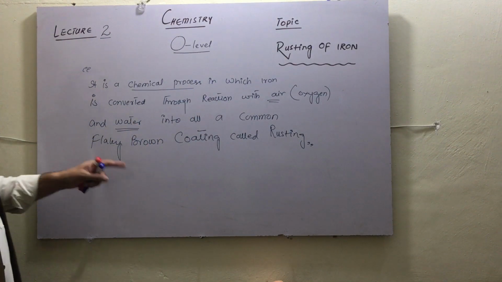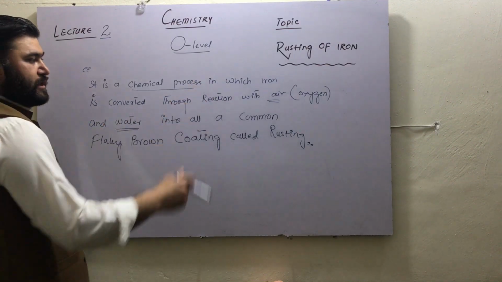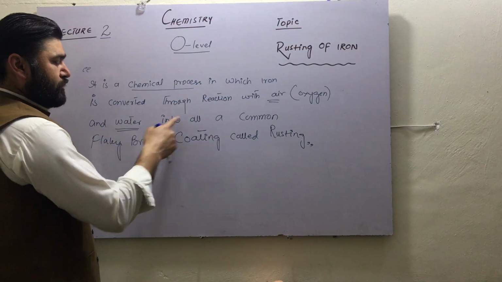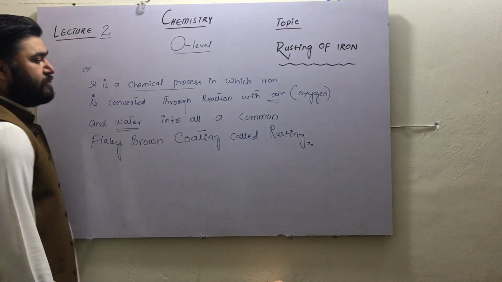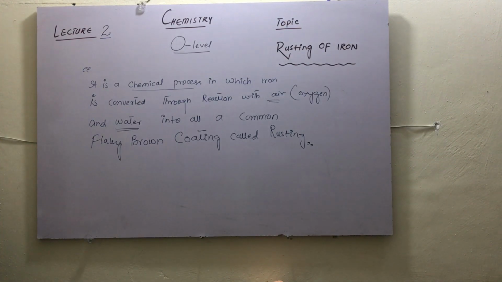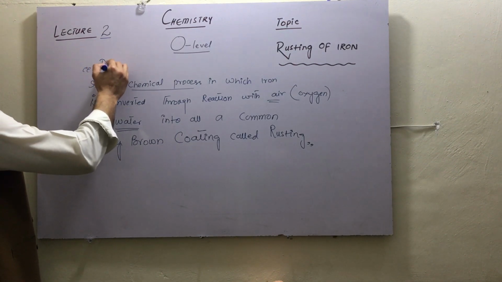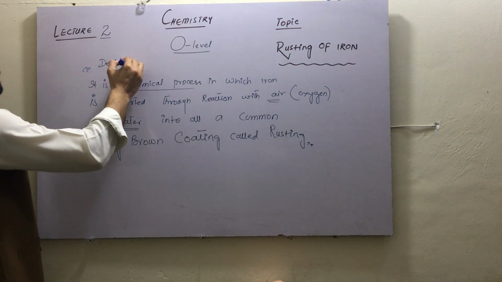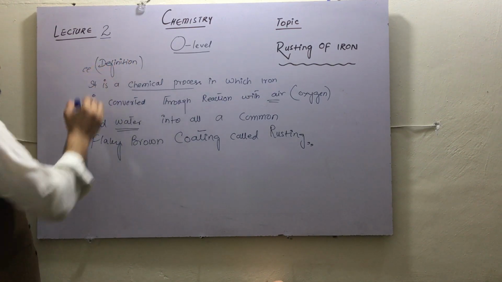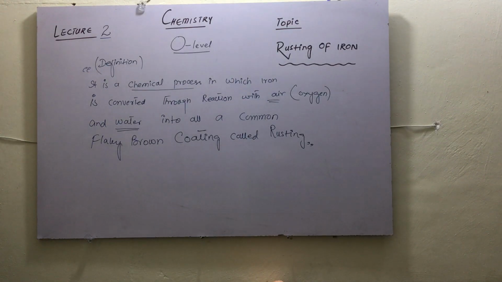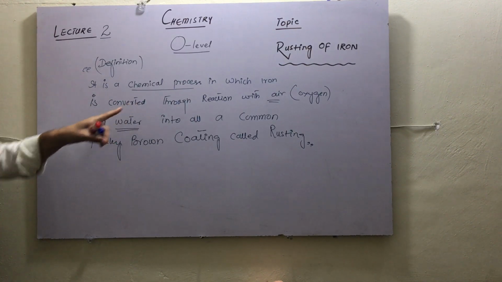So that's why it is a chemical process in which iron is converted through reaction with air and water into a common flaky brown coating called rusting. So this is the definition. Let me write it. Rusting is a chemical process in which iron is converted into a flaky brown coating by reacting it with air and water.